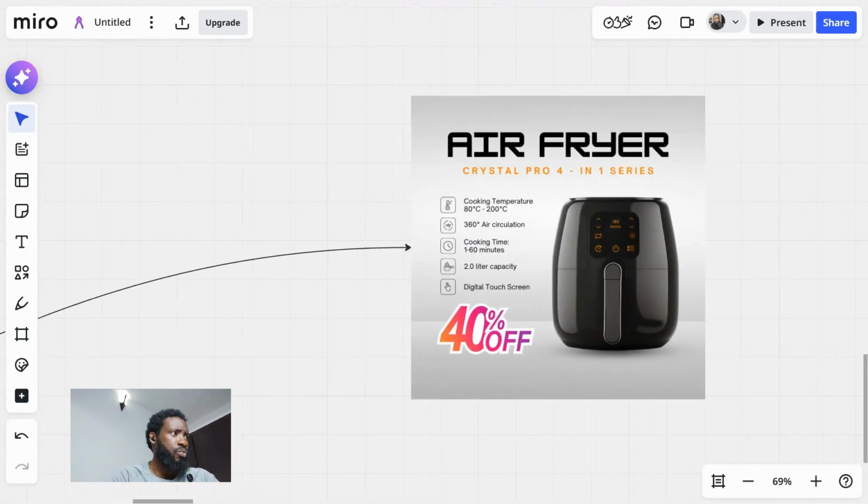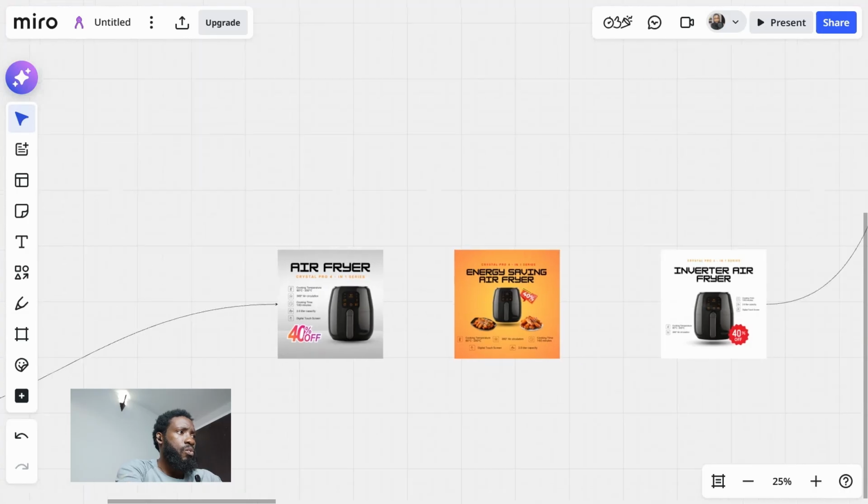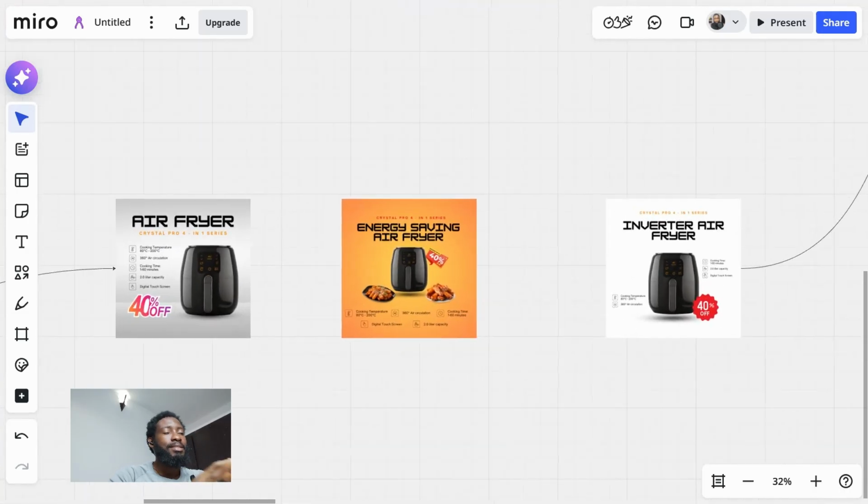Before now, this is what we normally do. We'll create, let's say, 3 different flyers, and all we are going to do is maybe change the background color, change the position of the product, and then change a few write-ups here and there, and you're going to have 3 different ad creatives to use for your adverts.